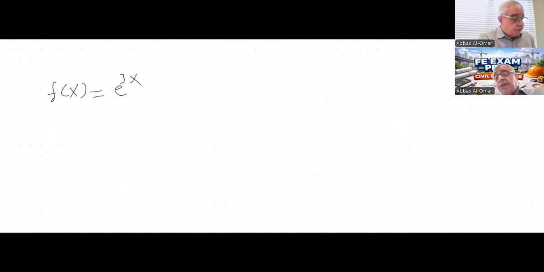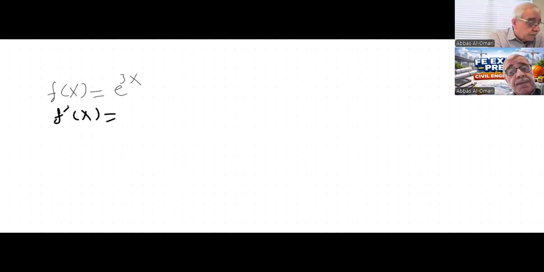Now the derivative, this is a simple question. So f prime of x equals, we take the derivative of 3x, which is 3, and multiply by e to the 3x. That's all. And we also want to determine f double prime of x.